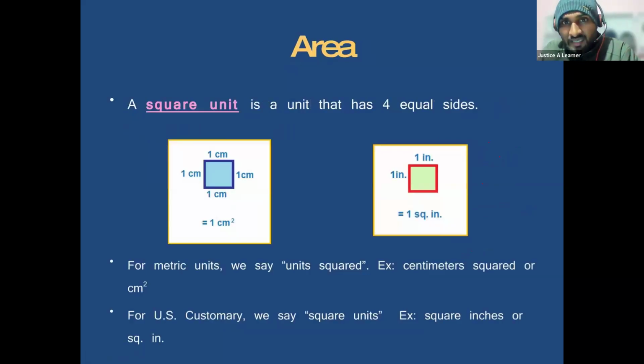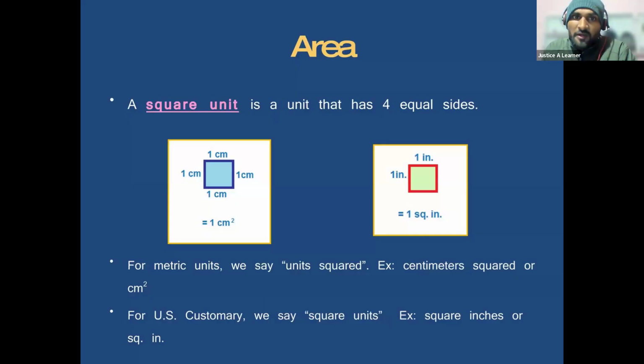Then comes area. A square unit is a unit that has 4 equal sides. So this is the property. We already know the shape of a square, that has all sides equal, because for the perimeter it was 4 into side, since each side was equal, right?